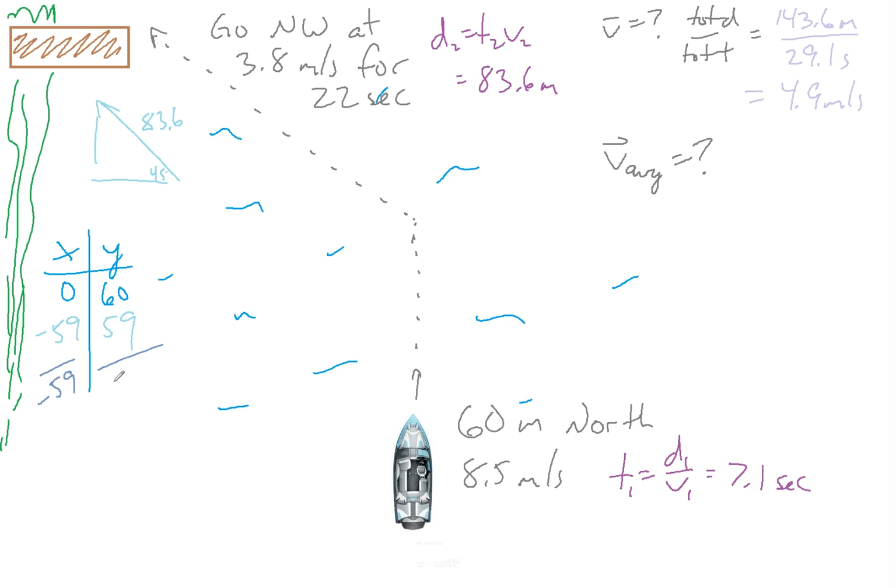Total Y component, almost 120, not quite, 119. Now that I've got my total X and my total Y, I can make my new triangle. So I've got 59 going this way, and then 119 going up, and then I will go from beginning to end like this to get my overall resultant.